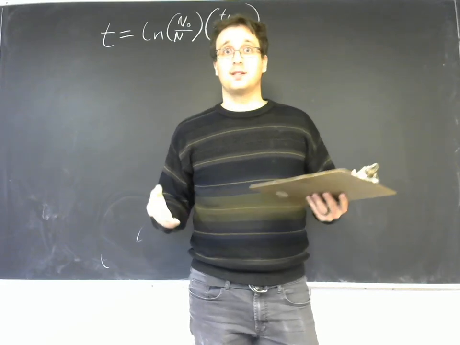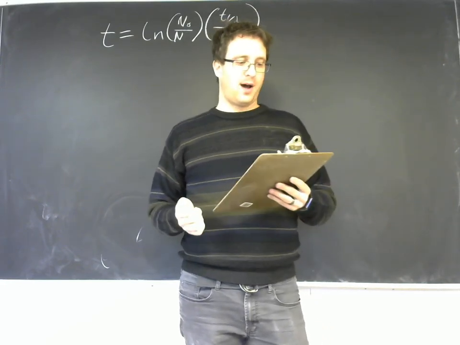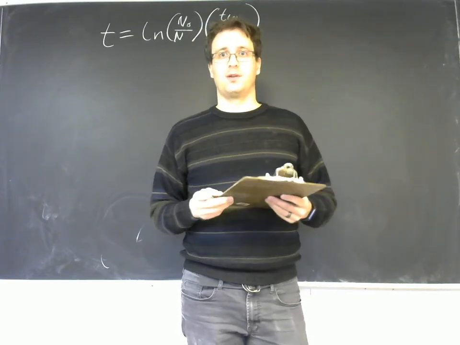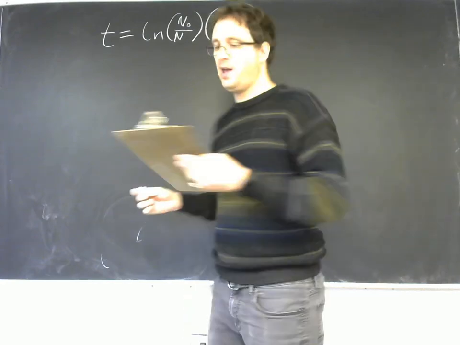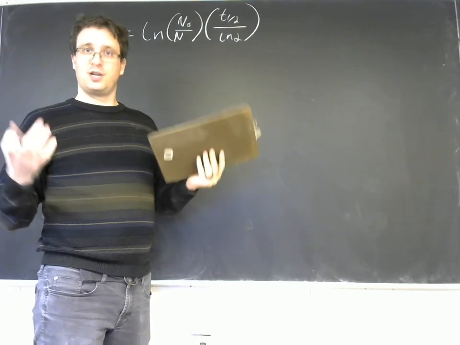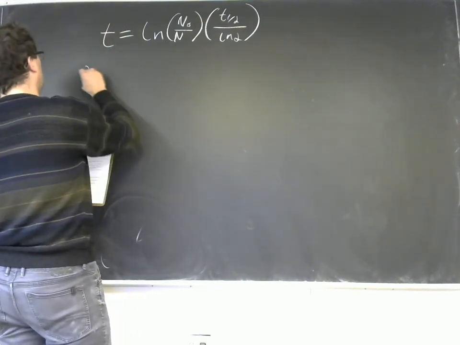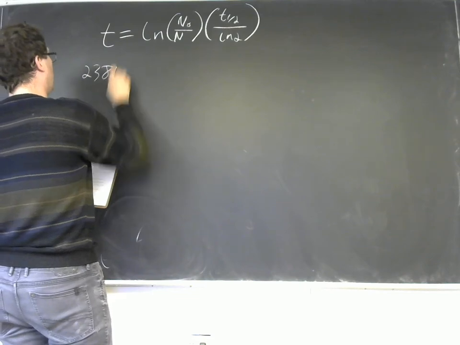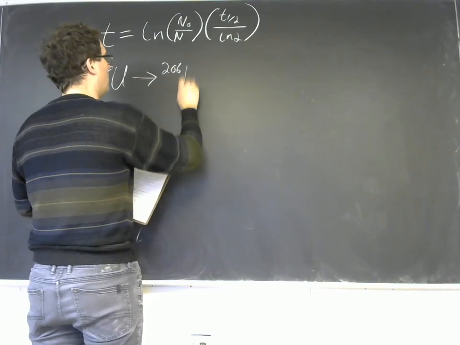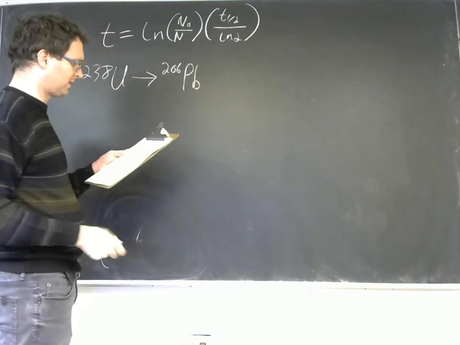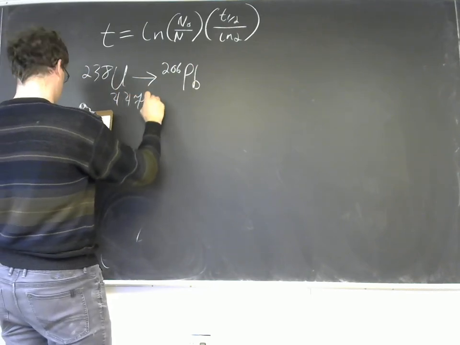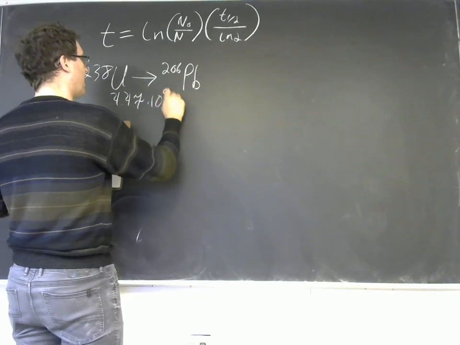And this whole process is called radiometric dating, and there are 2 different types of problems that we'll investigate with radiometric dating. The first one involves the decay of isotopes over geological timescales. So uranium-238 will decay to lead-206 on a scale of 4.47 times 10 to the 9th years.